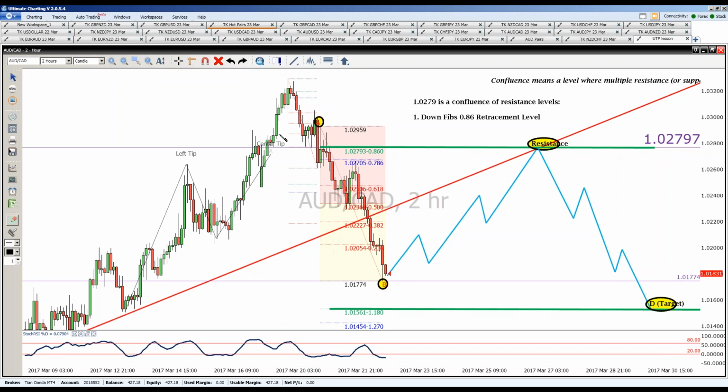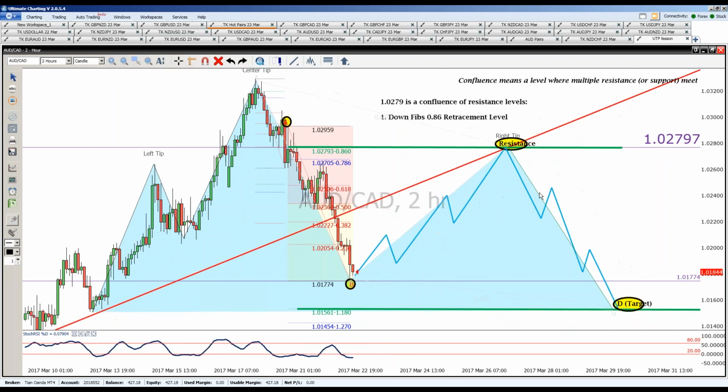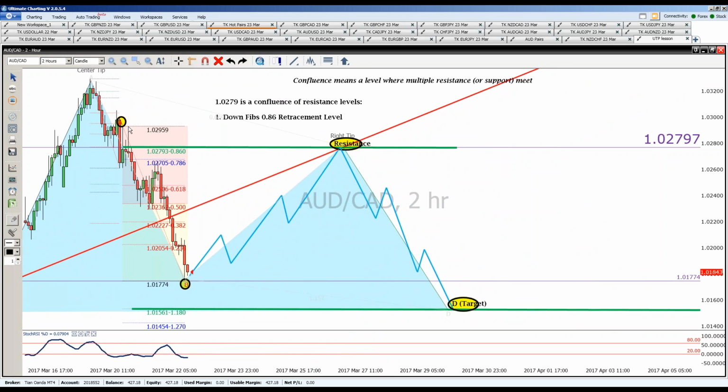That would be the left tip, center tip, right tip over there, and that would be the crown as well. Look at that. And the deeper or the closer to the A I sell, the better that would be for risk-reward purposes.